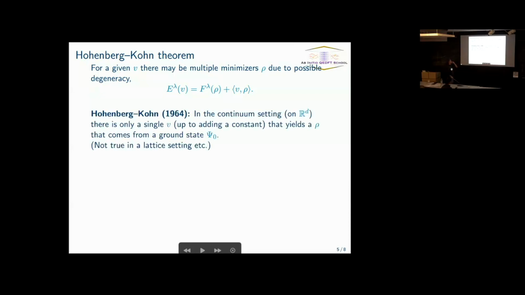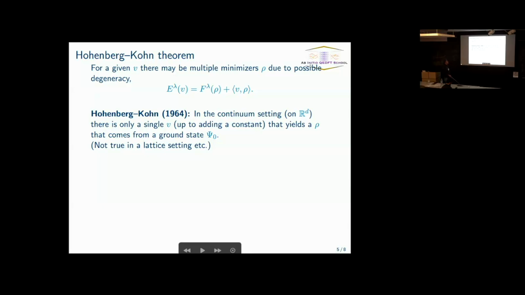So the statement of the Hohenberg-Kohn theorem, this is from 1964, so it's already quite old. In the special continuum setting, so the usual setting of quantum chemistry, there is only a single potential, up to adding a constant, from a well-defined class that yields a given ground state density that comes from a well-defined ground state psi 0.